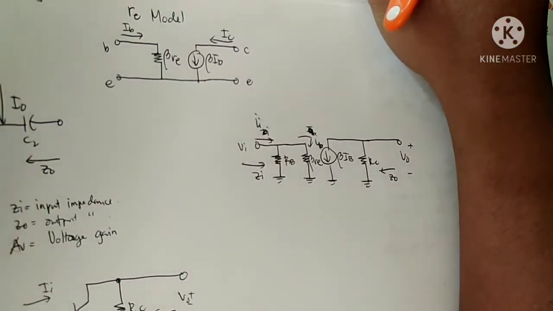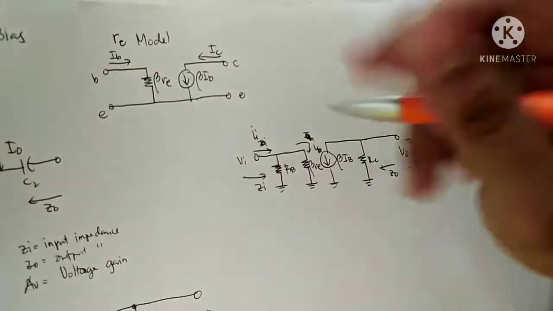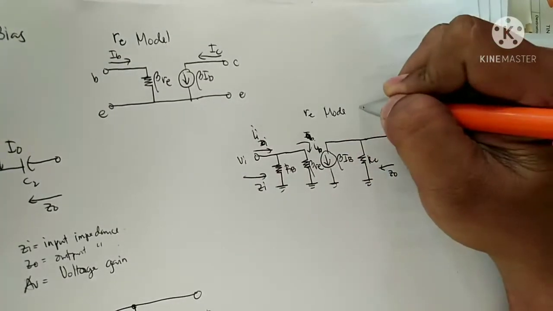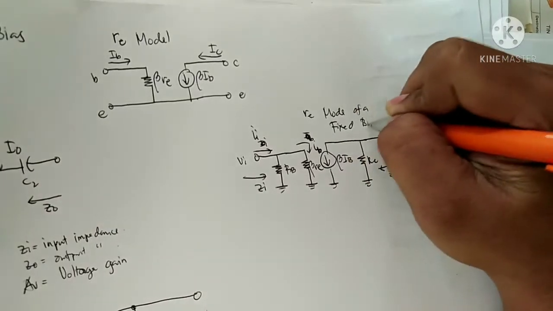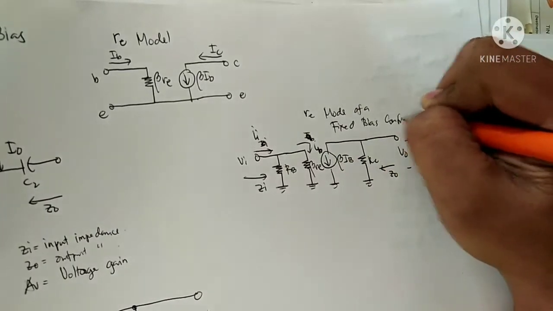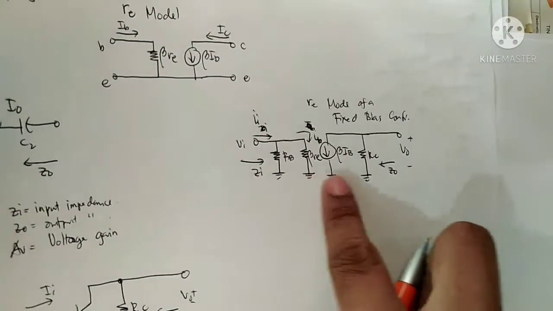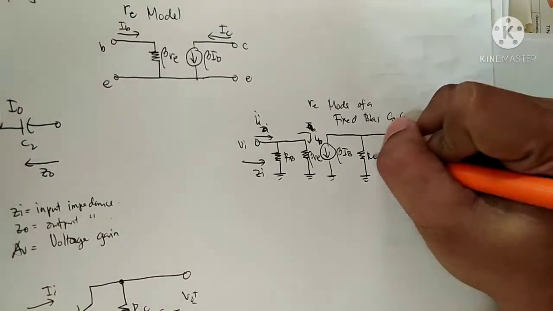So we now have the re model of a fixed bias configuration. Now you have RB, beta re, then beta Ib, and then RC.